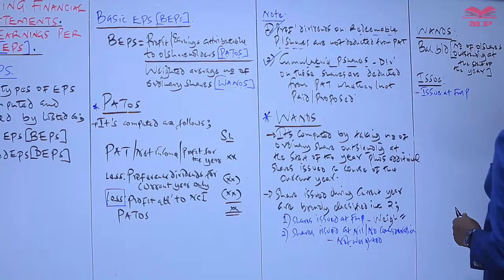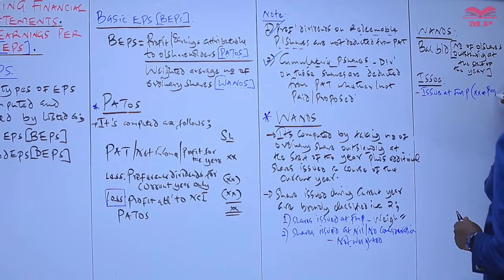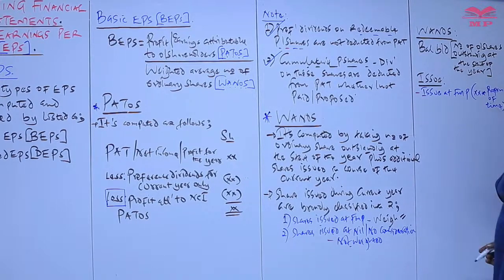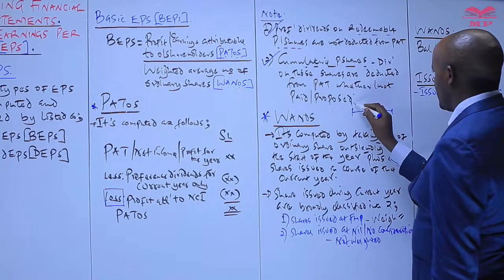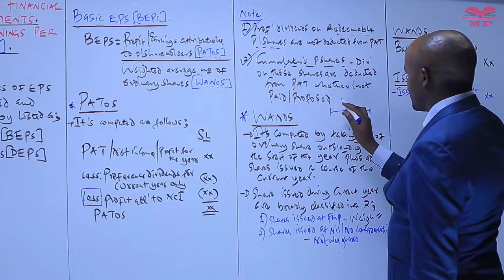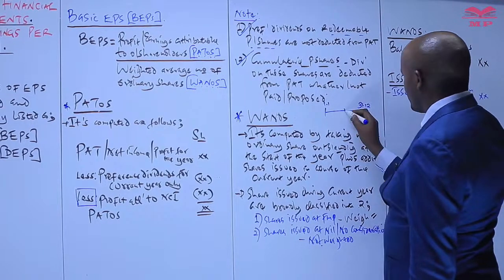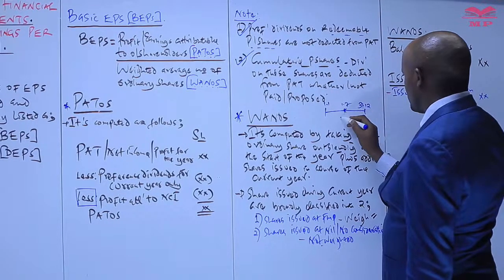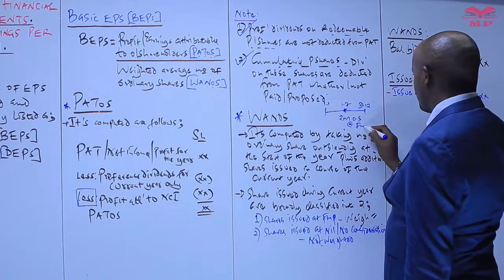Those shares, we take the shares which were issued and multiply them with the proportion of time they were held during that year. If, for example, the financial year of the company starts on 1st of January and ends on 31st of December, and we are told that on 1st of July the company issued 2 million ordinary shares at full market price.